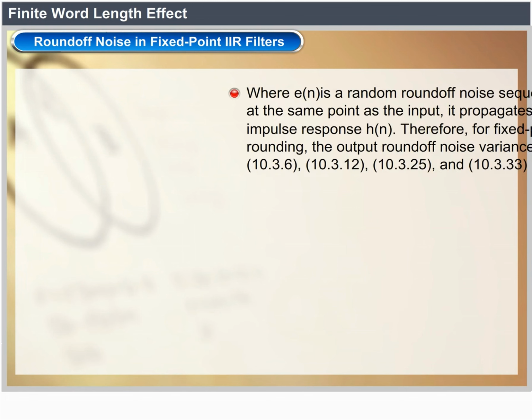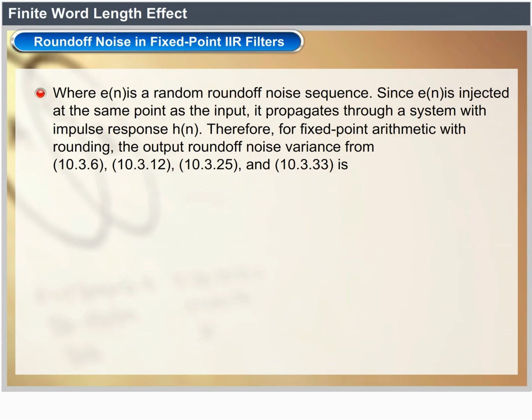Where e(n) is a random round-off noise sequence. Since e(n) is injected at the same point as the input, it propagates through a system with impulse response h(n).